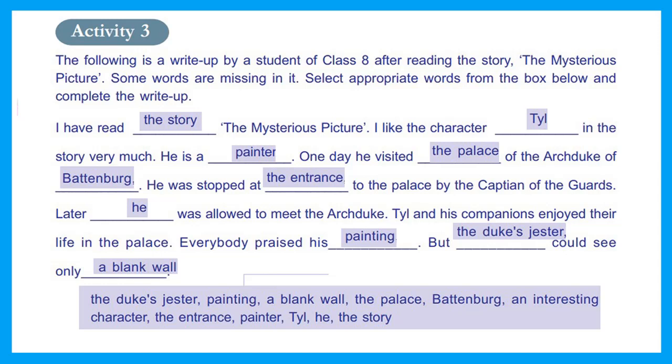He was stopped at the entrance to the palace by the captain of the guards. Later, he was allowed to meet the Archduke. Tile and his companions enjoyed their life in the palace. Everybody praised his painting, but the Duke's jester could see only a blank wall.